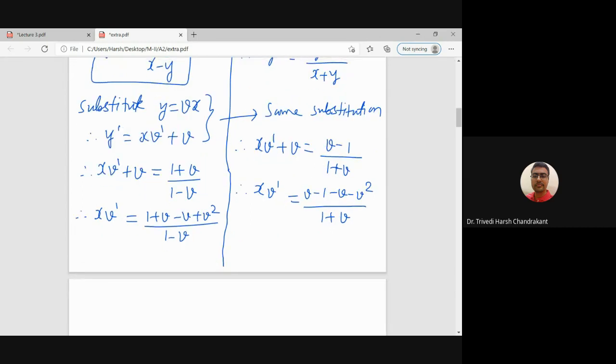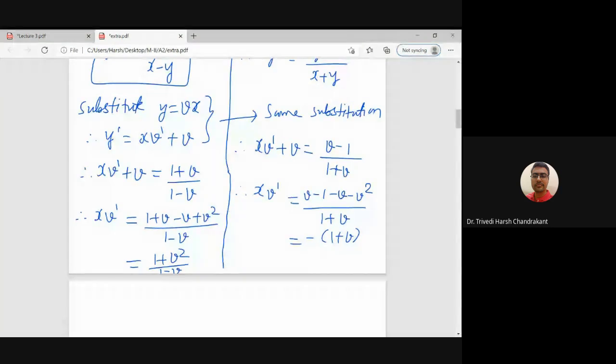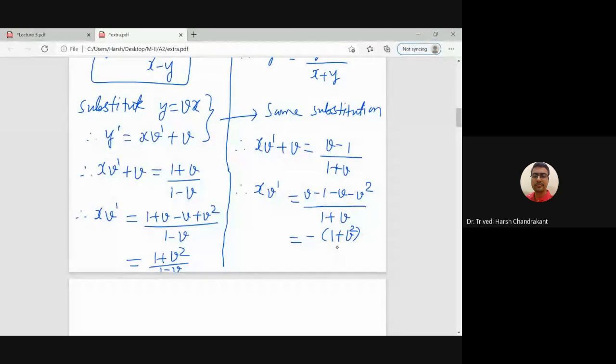Simplifying this, we will get 1 plus v square divided by 1 minus v. On the right side, we get minus 1 plus v divided by, sorry, v square divided by 1 plus v.